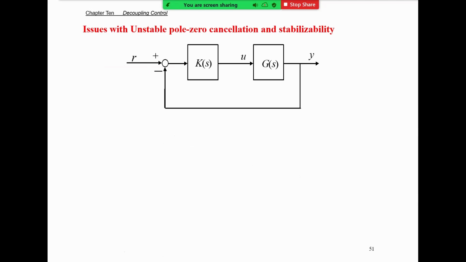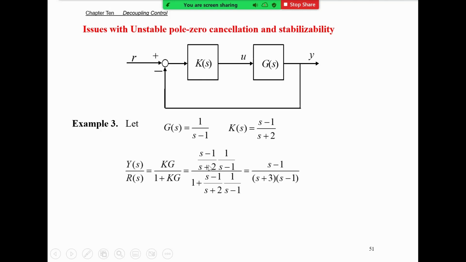That is actually a very tricky issue when you use a transfer function. Let's just consider a simpler case where this one is just a first order system. You design a controller, you want to make it stable. You put this, you want to cancel out s-1.